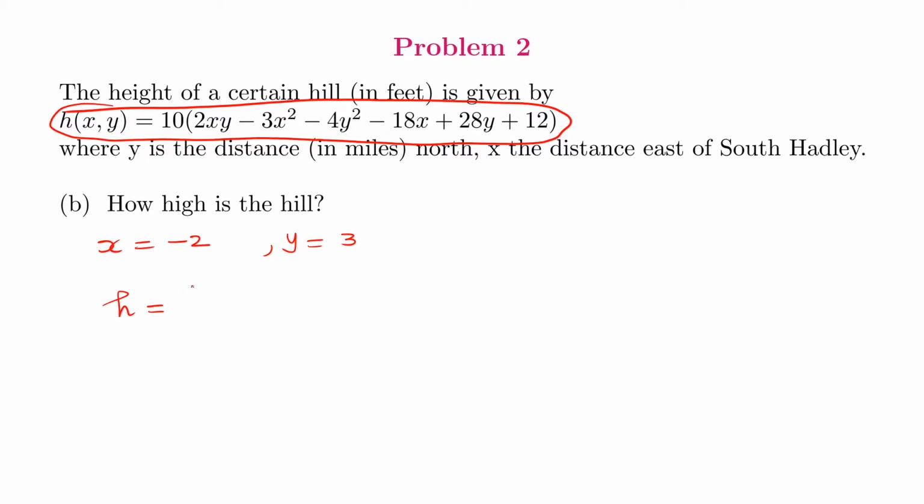We have 10 times (minus 12 minus 12 minus 36 plus 36 plus 84 plus 12). This will be equal to 720 feet.